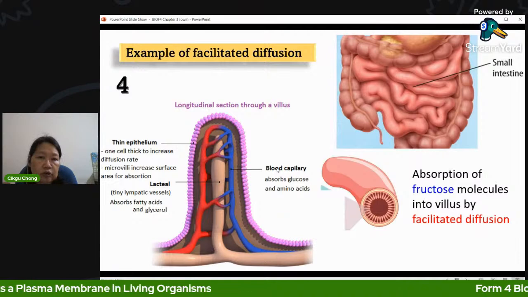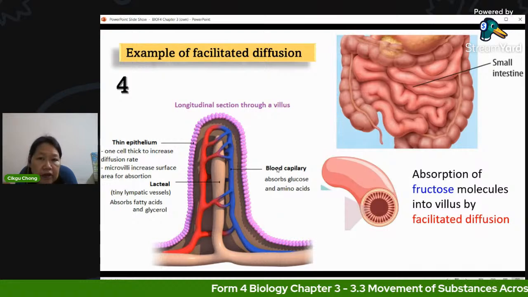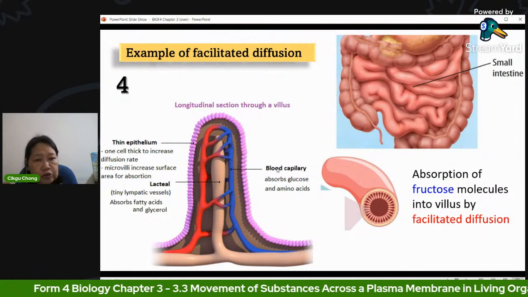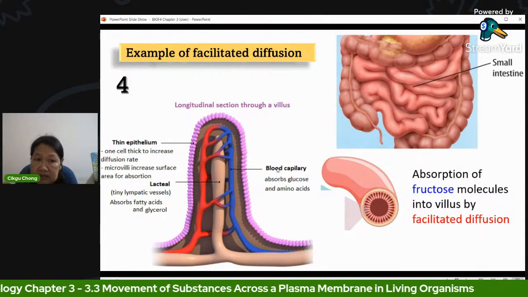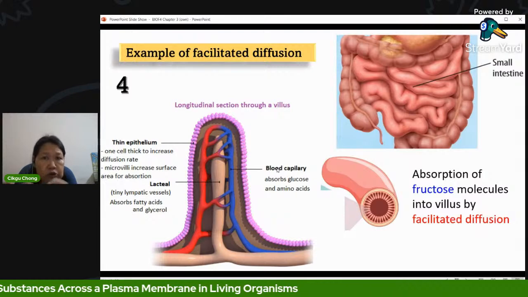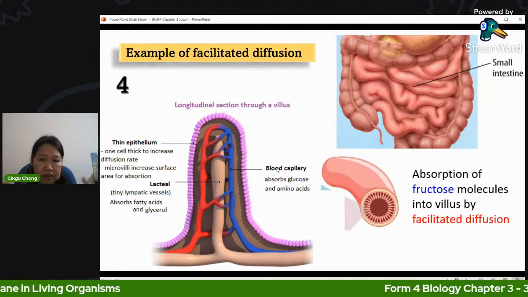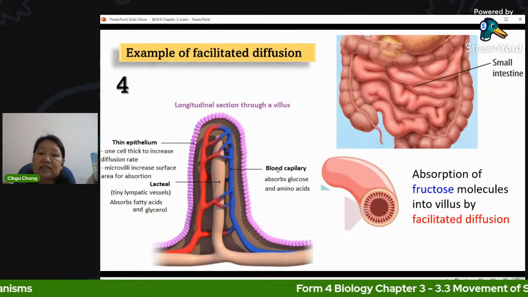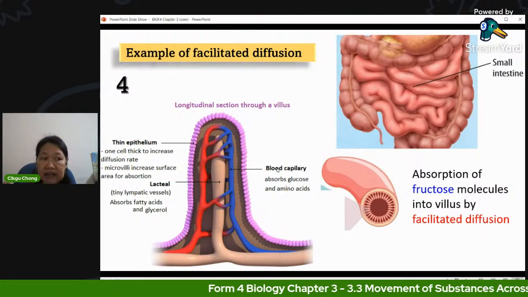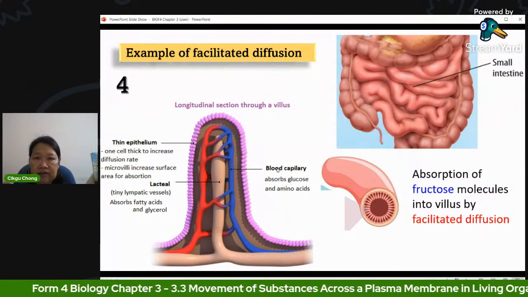Because fructose molecules are large and water soluble, they have to go into the blood capillary through the epithelial cell here, and they cannot go through the membrane. They have to go through the carrier protein. So when you use a carrier protein, this definitely is facilitated diffusion, using either a carrier protein or a channel protein.